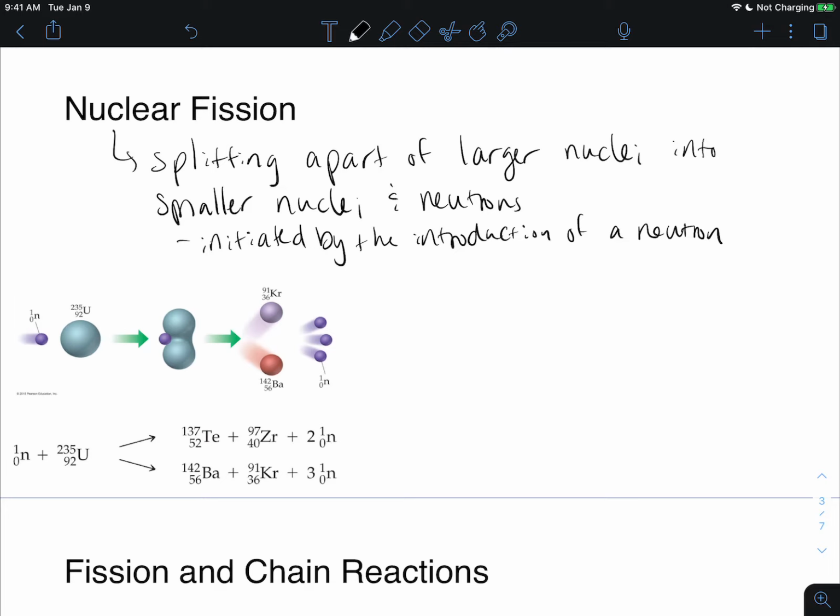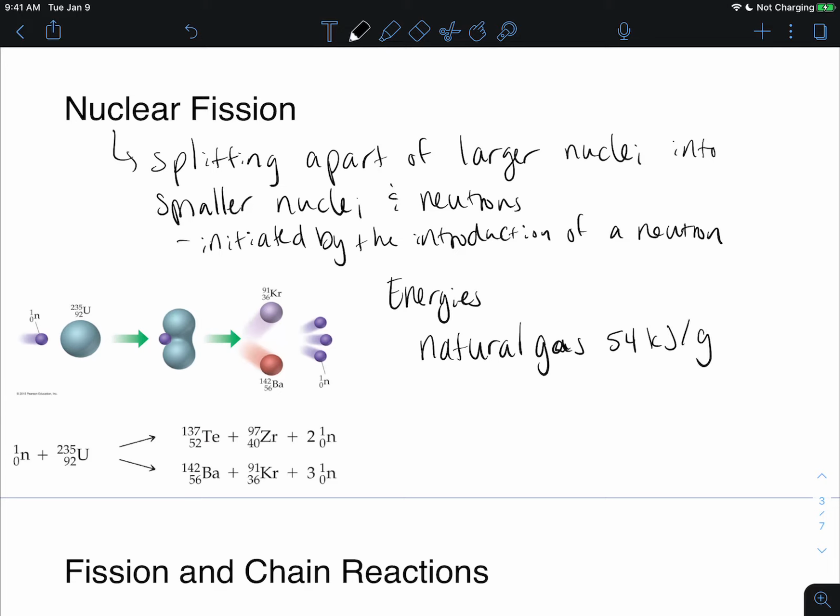In comparison, let's do a little comparison of energies. If we look at natural gas, it releases 54 kilojoules per gram.